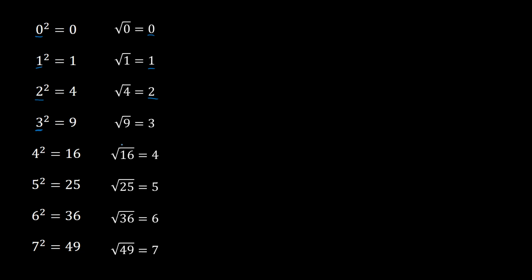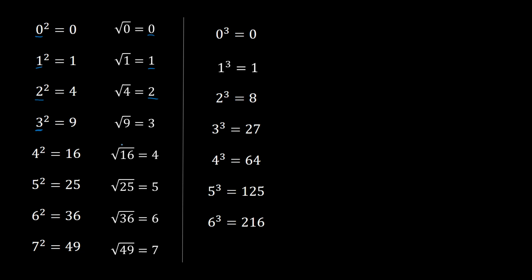Now we can expand that principle to any exponent. So if you raise all of these numbers to the third power, what we are doing is we are multiplying that number by itself 3 times.